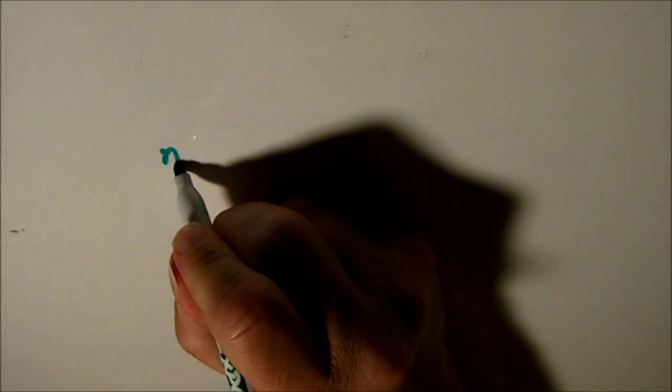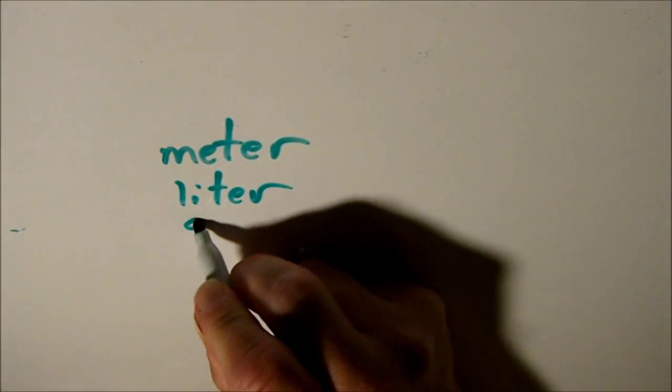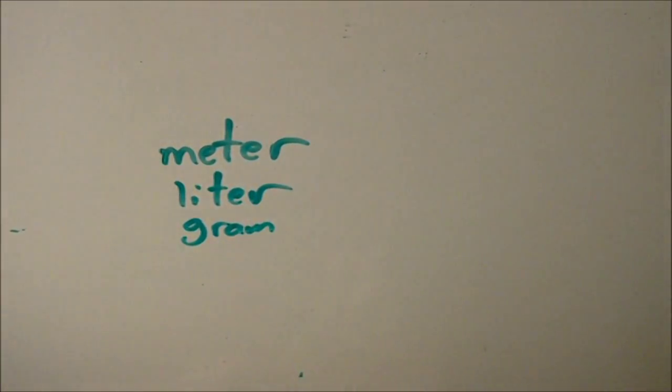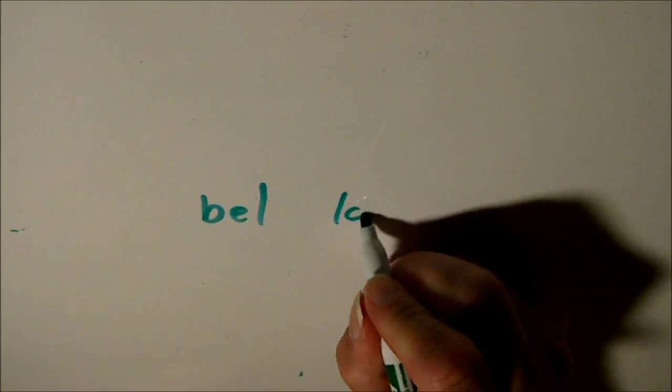Now, one misconception that people have is that this only pertains to the meter, liter, and gram. And that is not correct. Okay? These prefixes are the same for any type of measurement, such as there's a unit called a bell, and it measures loudness.